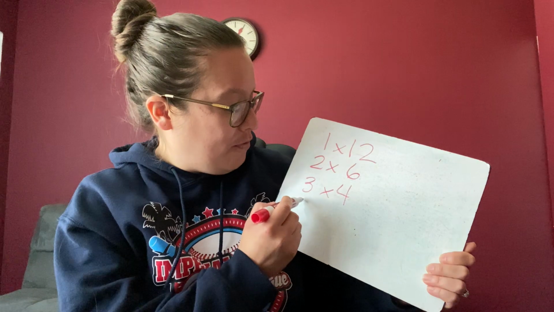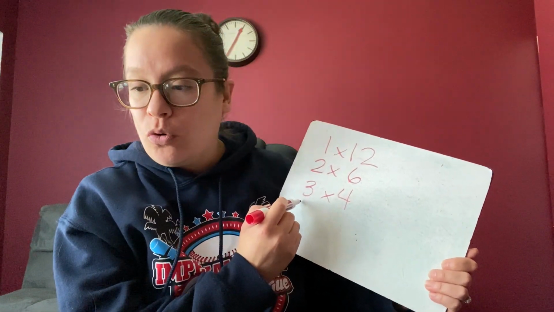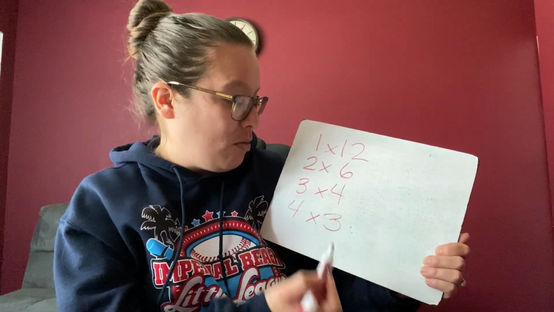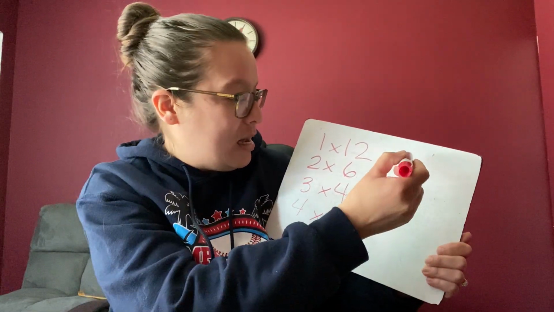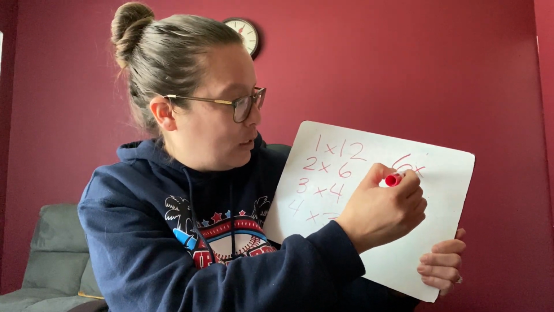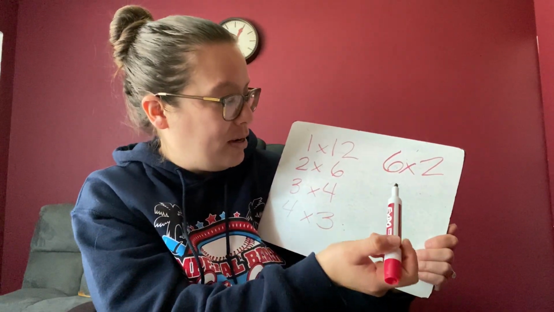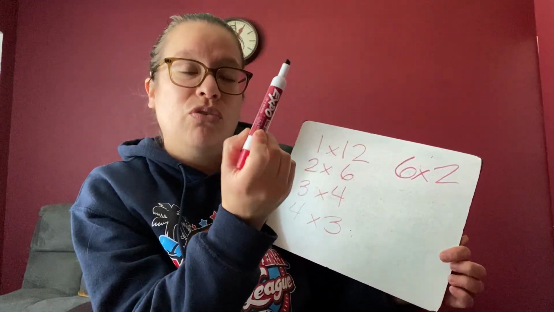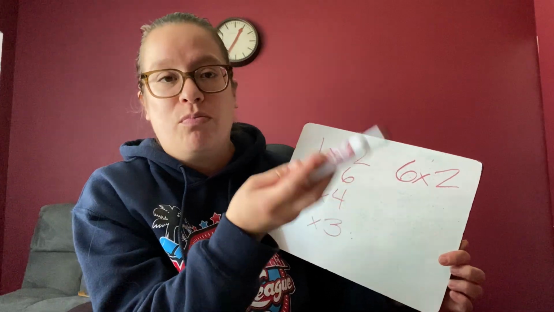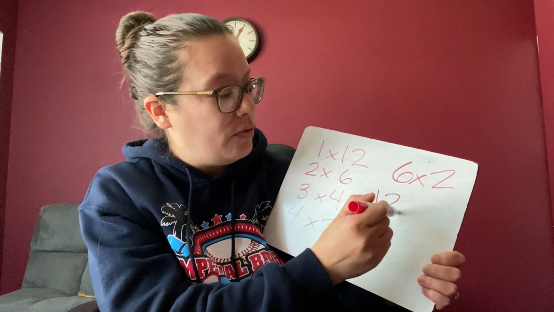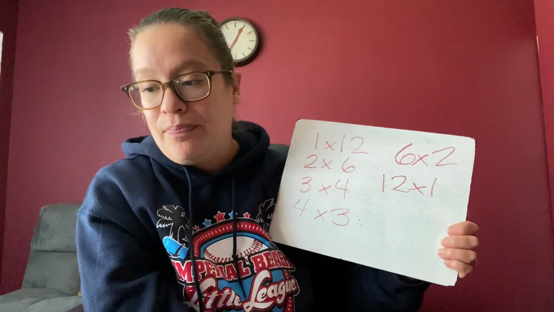3 times 4. Let's see. 4. Would 4 be? Yes. We can do it like this, right? 4 by 3. 5, no, 6, yes. 6 by 2. 7 doesn't go into 12. 8 times nothing, no. 9 times something is 12, nope. 10, nope. 11, no. 12, yeah, 12 times 1, right?